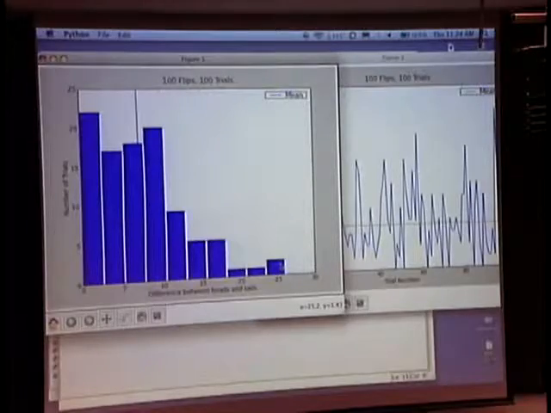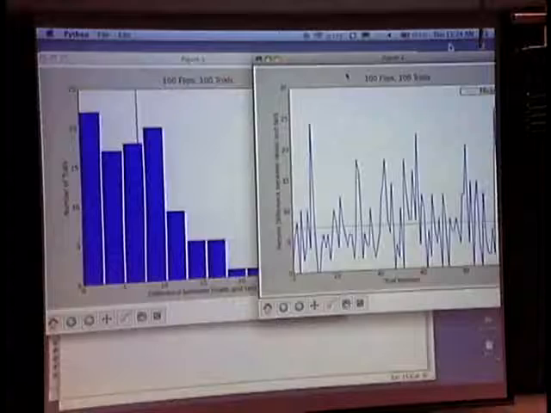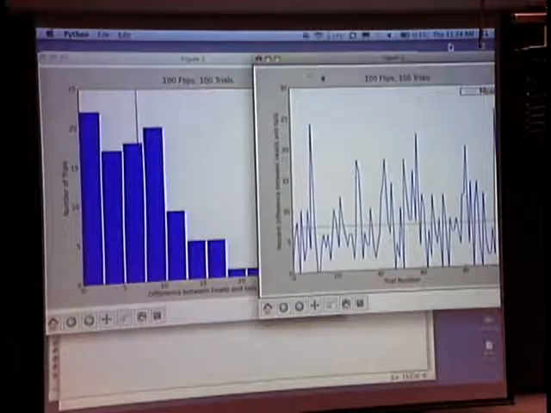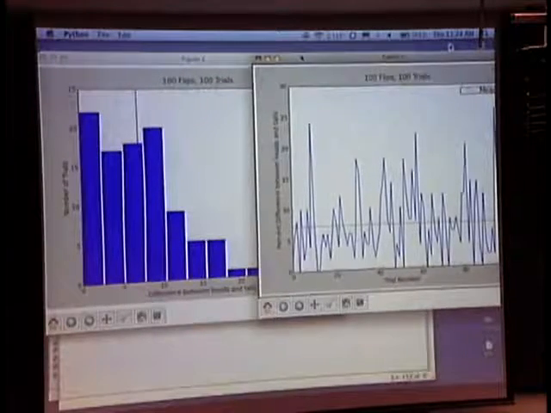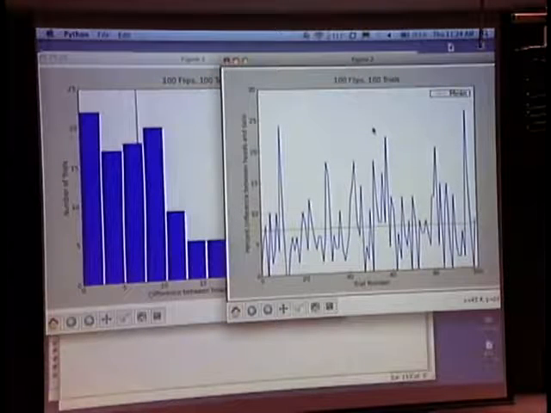Pretty big difference. Another way to look at the same data, and I'm doing this just to show that there are different ways of looking at data, is here what I've plotted is each trial, the percent difference. So out of 100 flips.